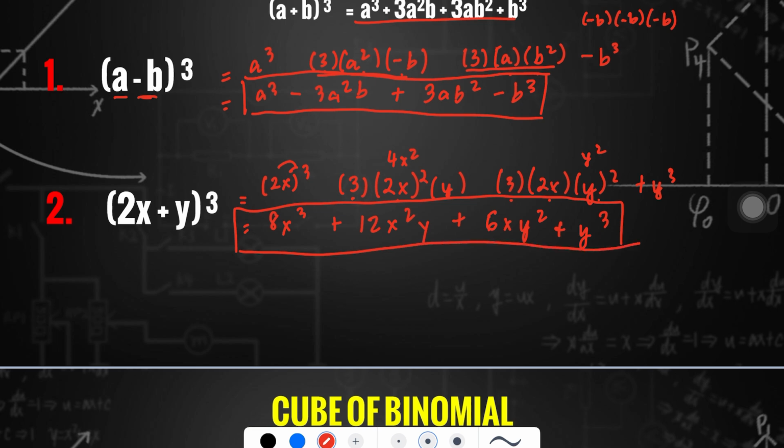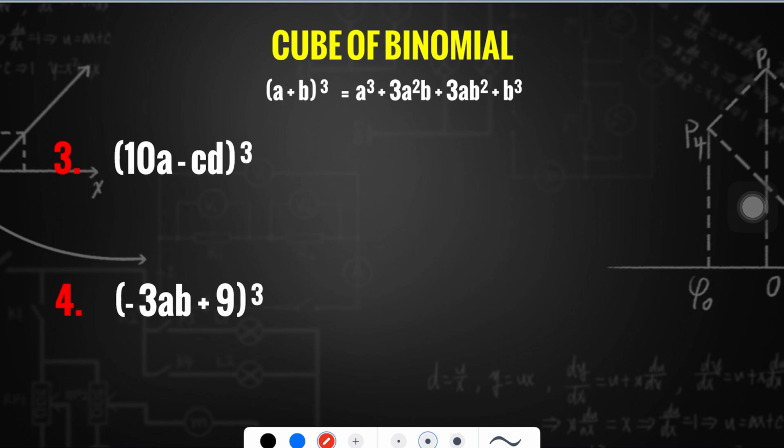Next we have number 3. So we have the quantity 10a cubed plus 3 times the square of the first term times b, so negative cd, and then plus 3 times the first term 10a times negative cd squared, plus negative cd cubed.